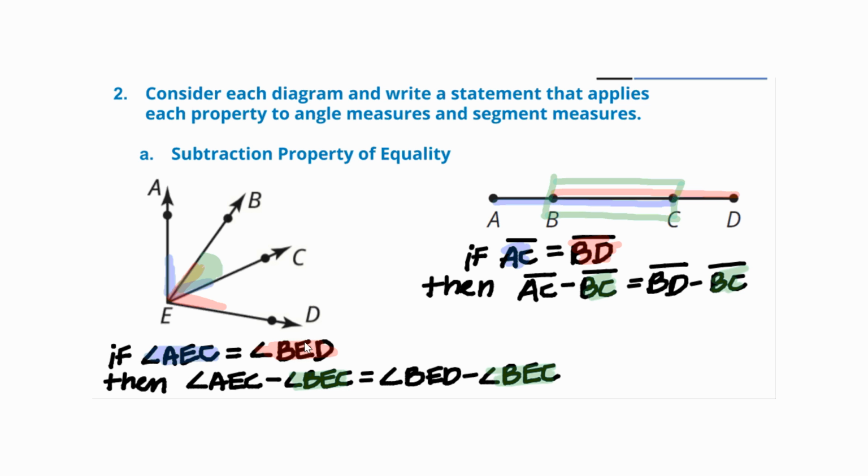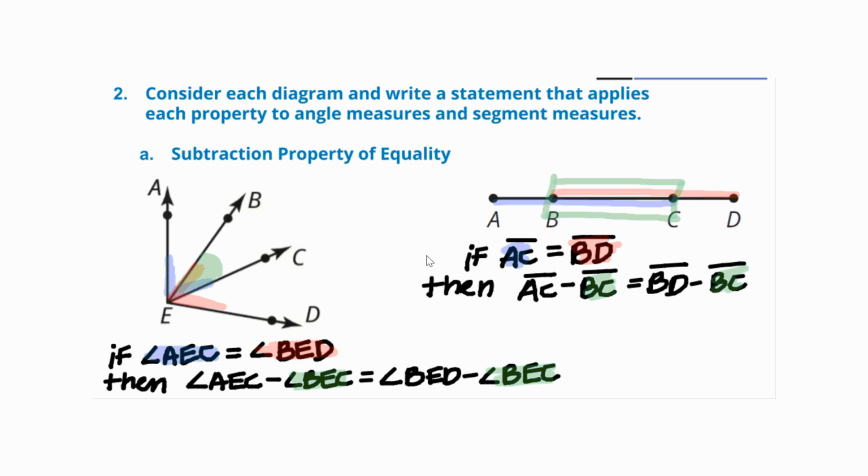Seeing how AEC and BED were equal to each other, and I'm subtracting out the same thing from both of them, therefore they can be set equal.